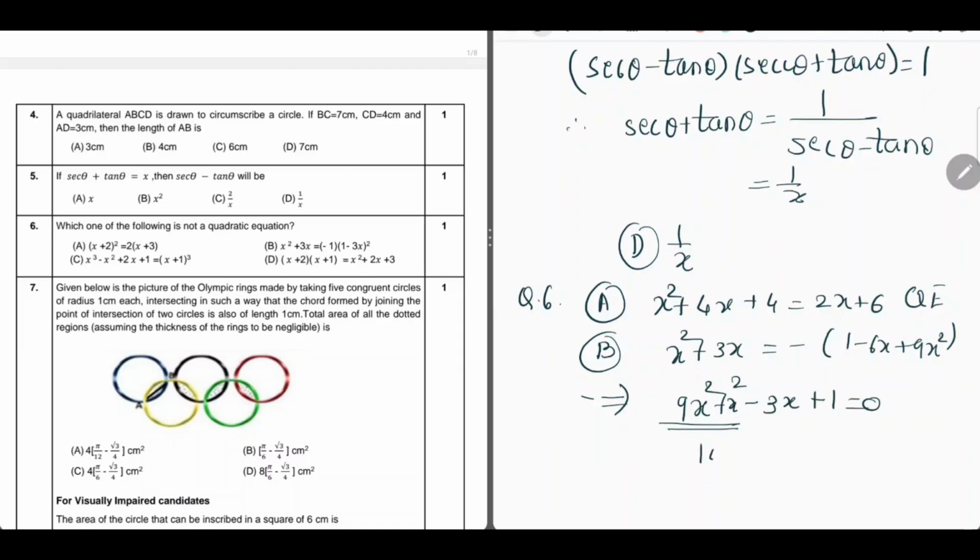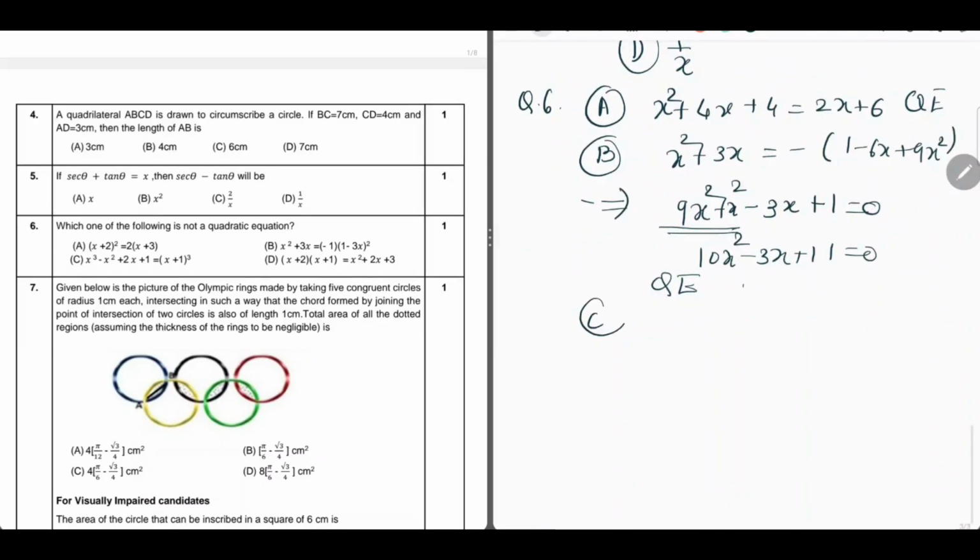So again 10x square minus 3x plus 1 equals to 0, which is a quadratic equation. Now the C option, x cube minus x square plus 2x plus 1 is equal to x cube plus 3x square plus 3x plus 1. Here x cube cancels and I remain with 4x square plus x equals to 0. Hence it is also a quadratic equation.